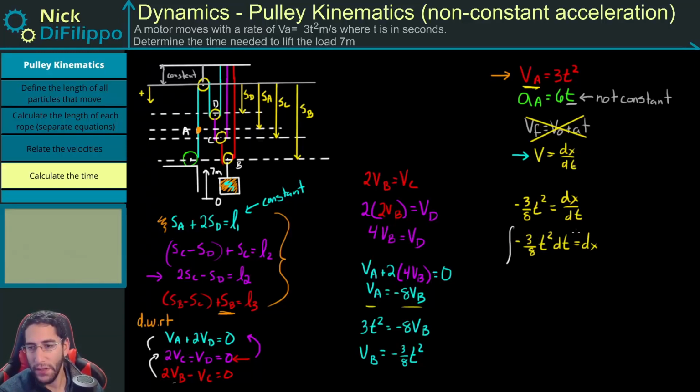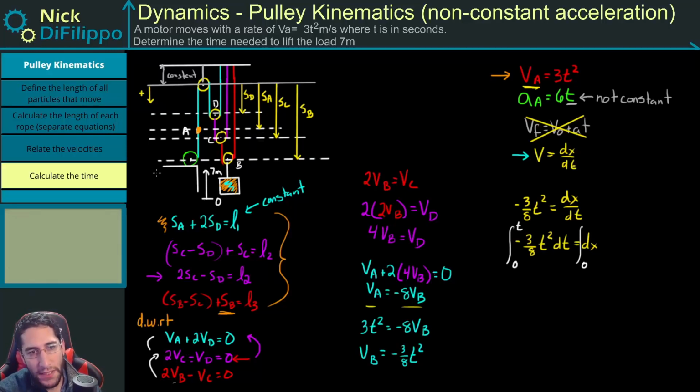If I integrate this equation and integrate this equation, I need to figure out my bounds. So what is at time 0? Where do I start? I start at position 0. Where do I end? Well, I'm looking for some time, but what is this position? Well, you're going to be tempted to say 7, and in reality, it's minus 7.